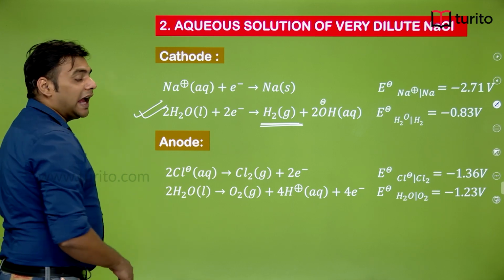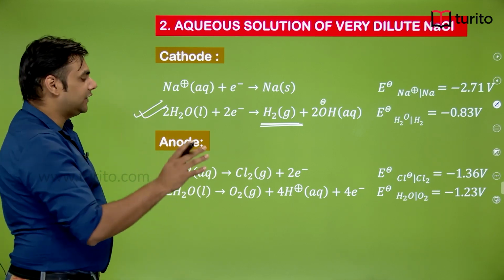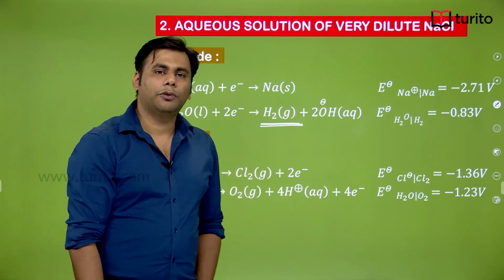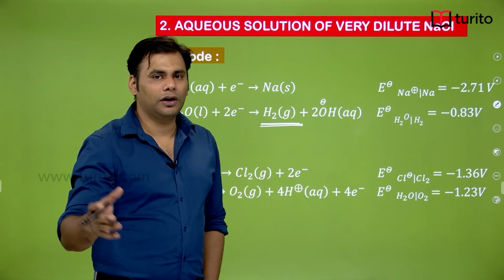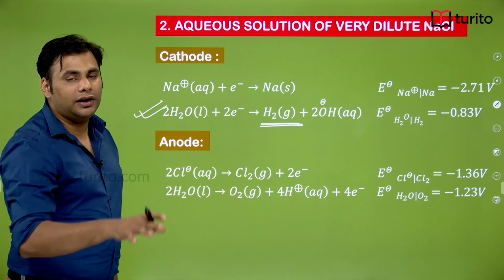If you look at the anode, in a normal solution we were saying that O2 was not getting evolved due to the concept of overpotential and Cl2 was getting evolved, even though the thermodynamic data predicted that O2 should be evolved.